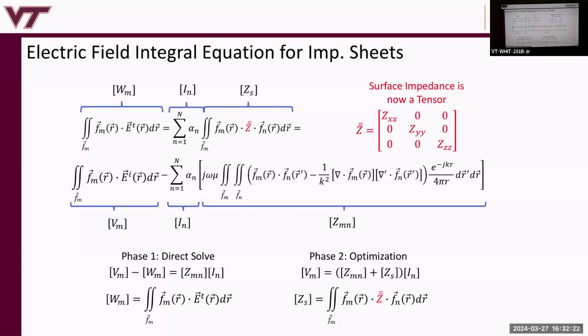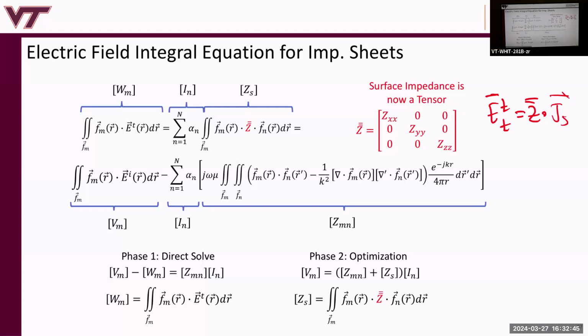Okay, good. But the tangential electric field is not 0 right now. The tangential electric field is related to Z dotted with J, right? So here we have E tangential total is equal to Z dotted with J surface, right? It's not 0.